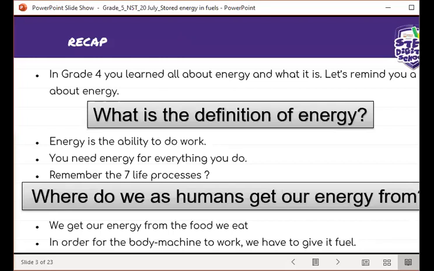We're going to move into fuels, to look at the definition of fuels and understanding what fuels are. Can I move on now, guys?